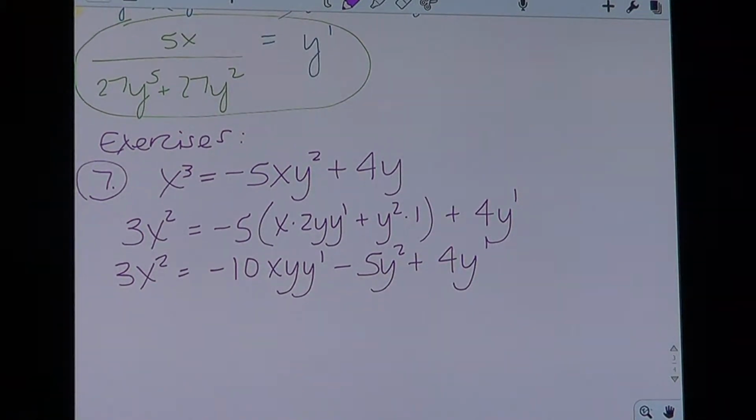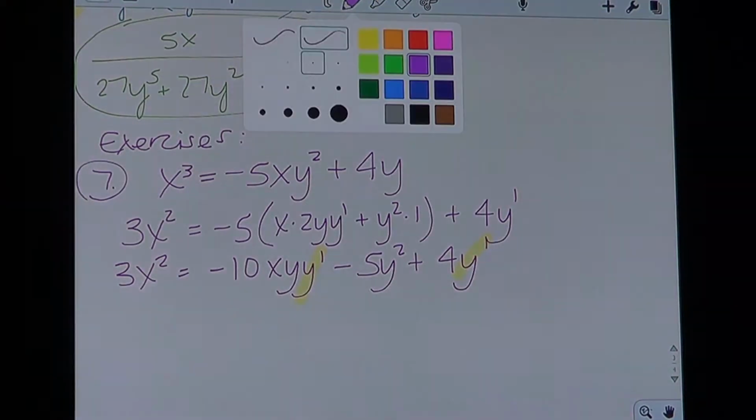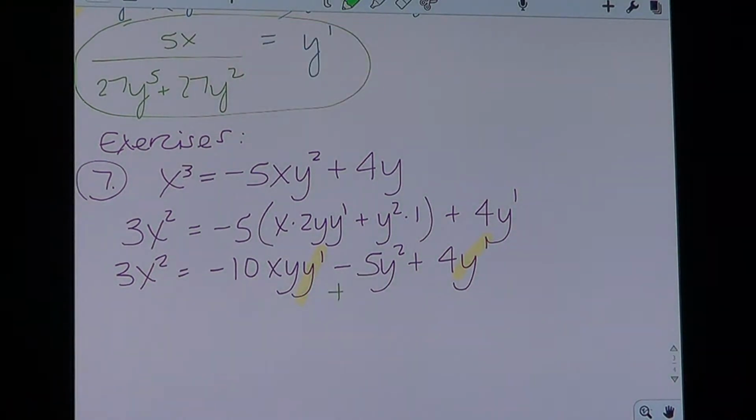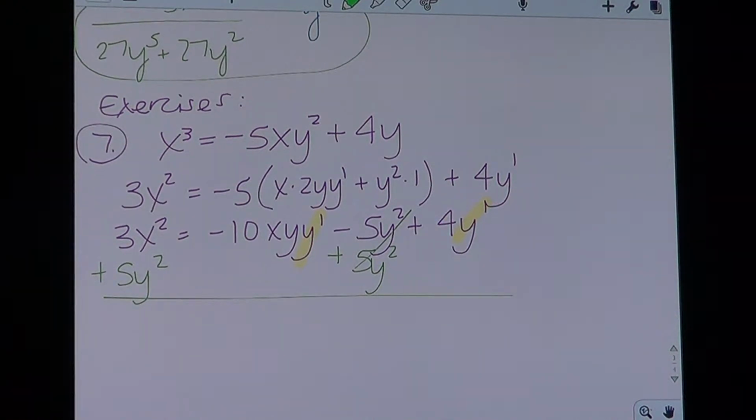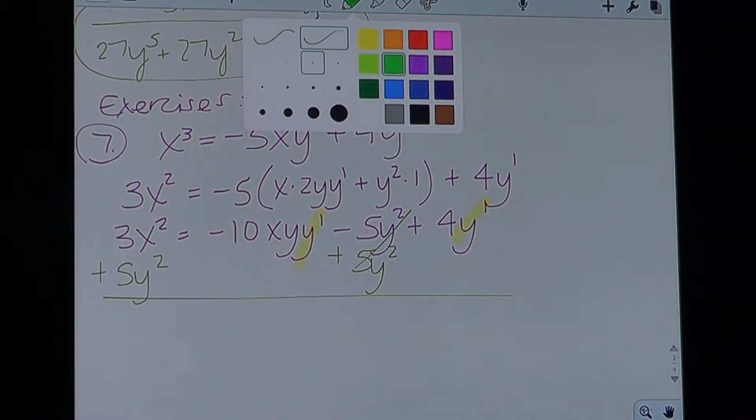Okay, and then we need to get all of the y primes together on one side. Did you just add 5y squared? Oh, I know what I did. I have that exact thing, only I subtracted instead of added to the other side, but that's okay.